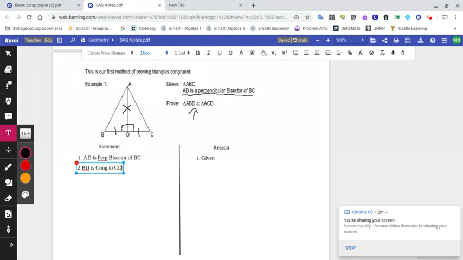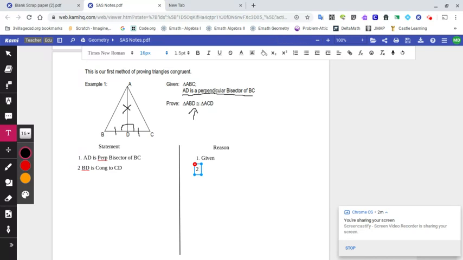And the reason for that is going to be 2.